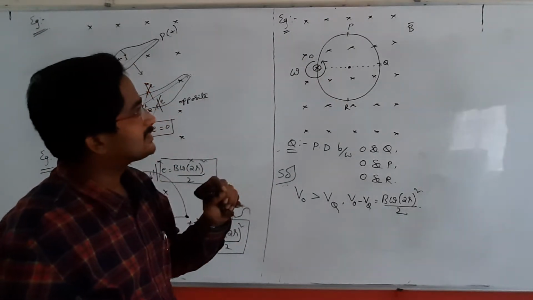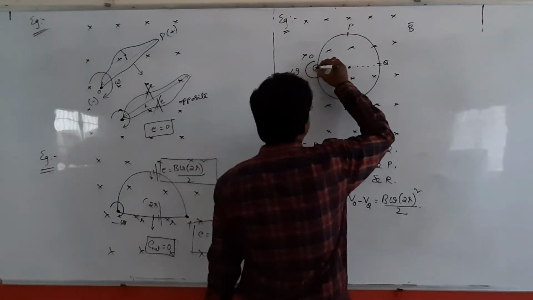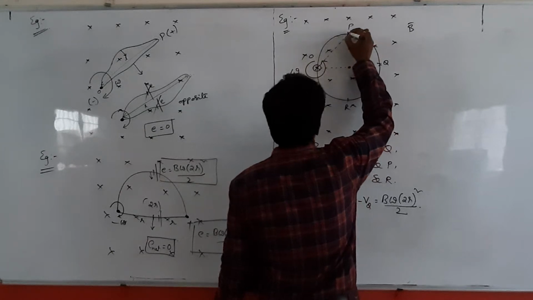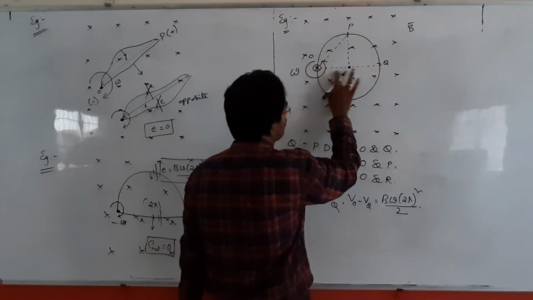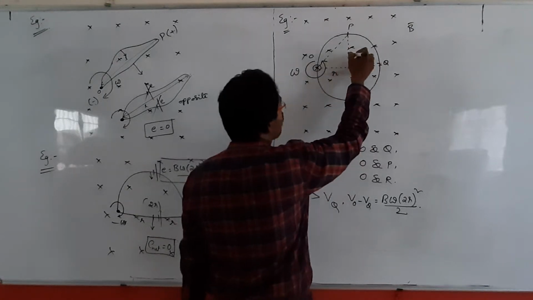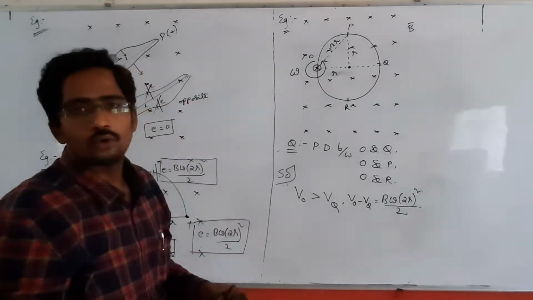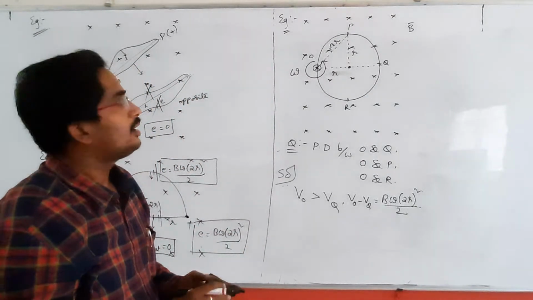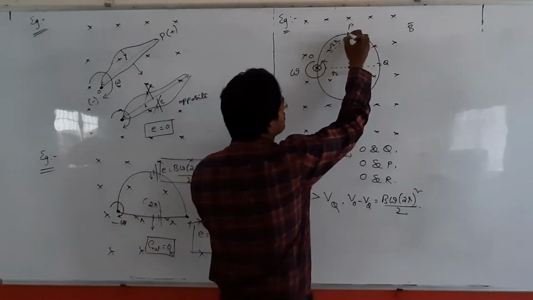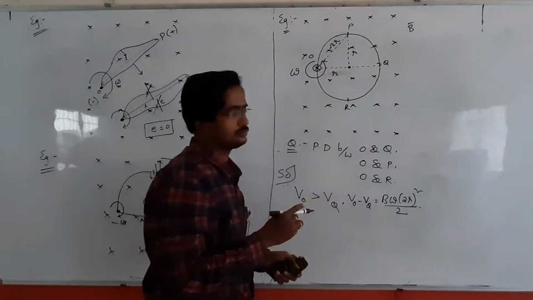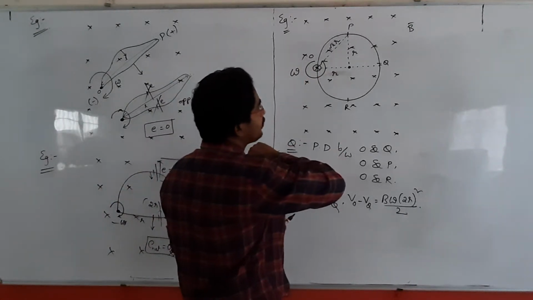What about the potential difference between O and P? The effective distance between O and P is this. If it is r and r, it is root 2 r. That is the effective length, root 2 r. Then how to write the potential difference between O and P?